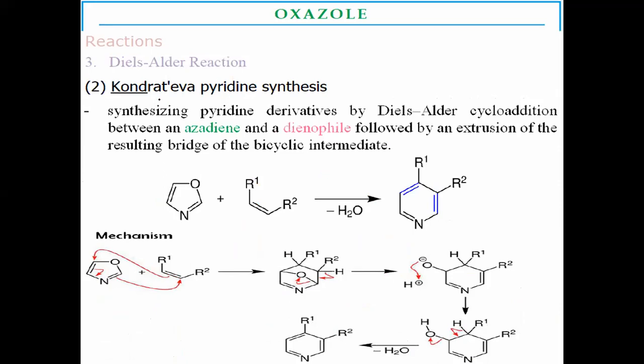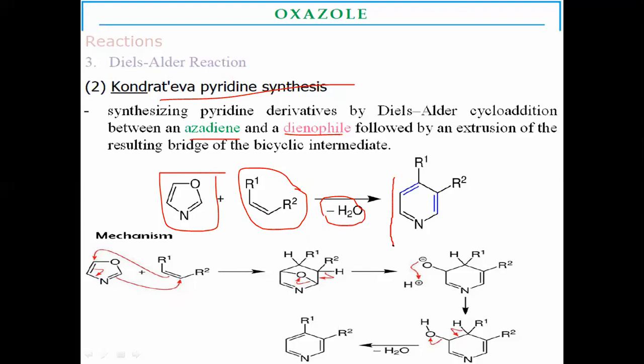Kondrat'eva pyridine synthesis. Here the oxazole acts as an azadiene, and R1 carbon-carbon double bond R2 acts as the dienophile. They undergo cyclization, followed by dehydration, to form pyridine as a six-membered nitrogen containing heterocyclic ring.